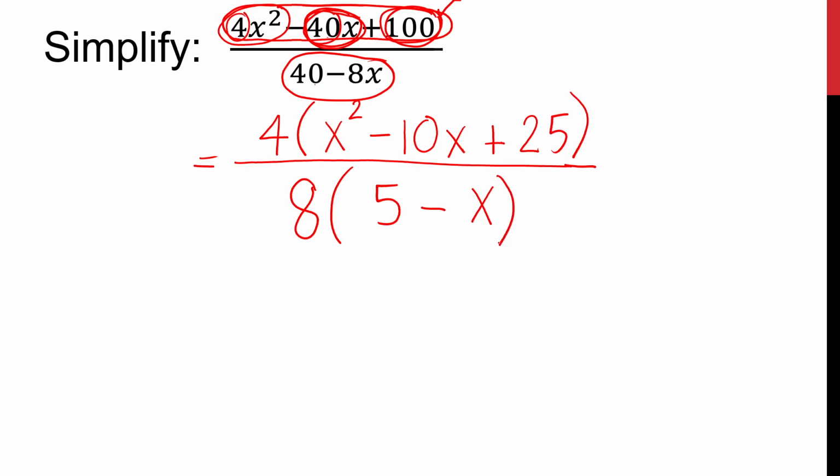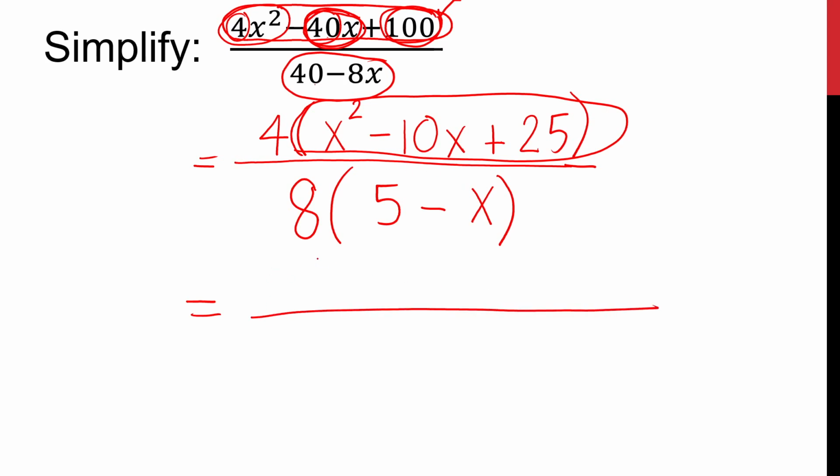Now, we will not cancel yet. Why? Because x squared minus 10x plus 25 can still be factored. So I copy the 4 and factor the numerator again. What are the factors of x squared minus 10x plus 25? Negative 5, sir.